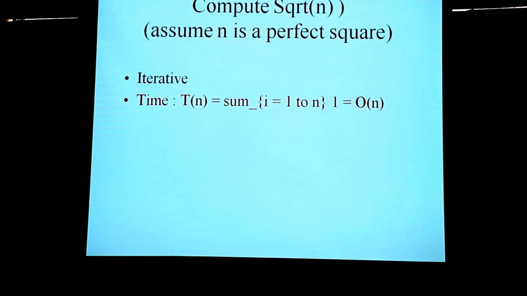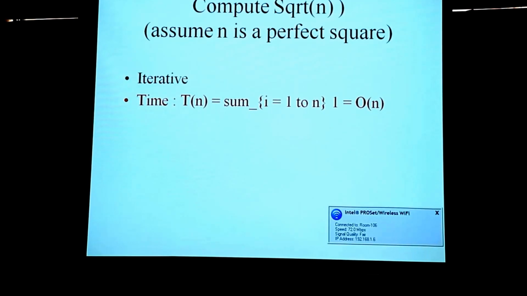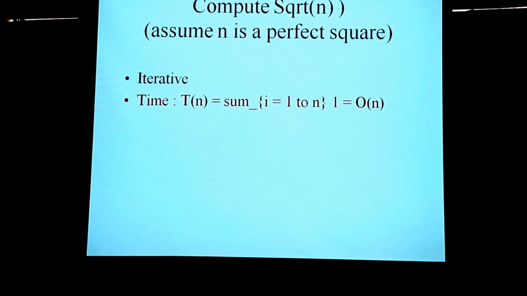If mid times mid is equal to n, then we return mid. I'm just skipping those things. Else, if it is less, then where should we search for it? In the second half.